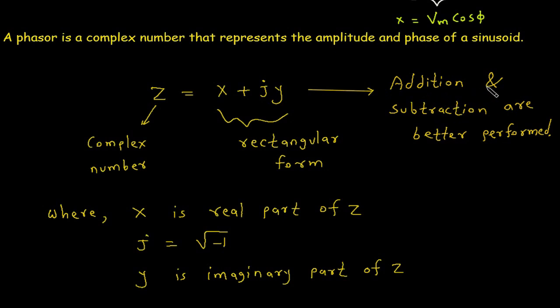The addition and subtraction are better performed in rectangular form. So whenever we have to perform addition or subtraction, we convert the phasor into rectangular form. Here x is the real part of z, j is equal to under root minus 1, and y is the imaginary part of z.